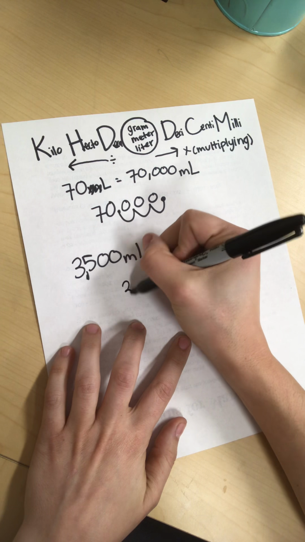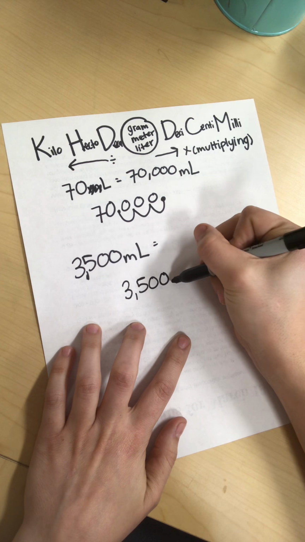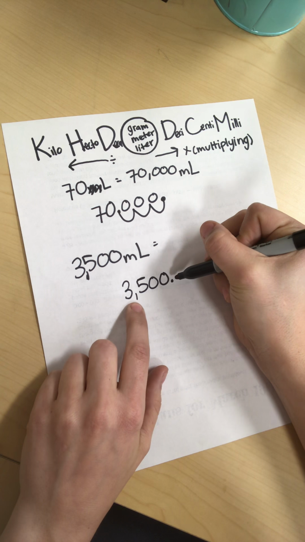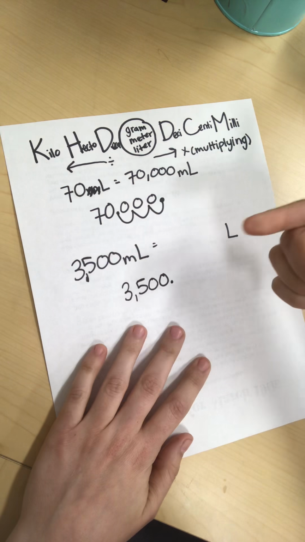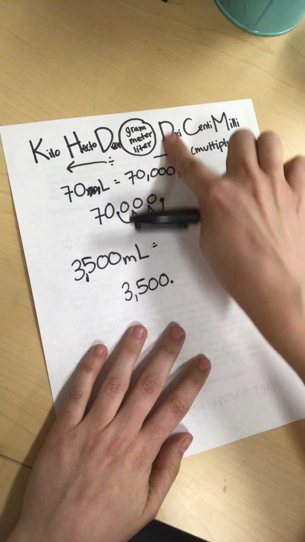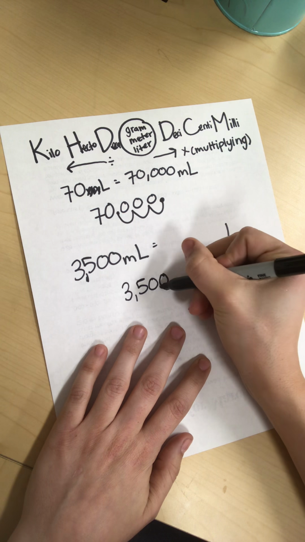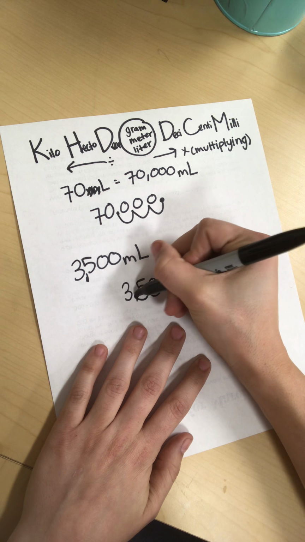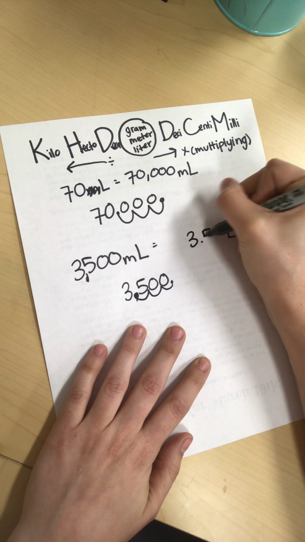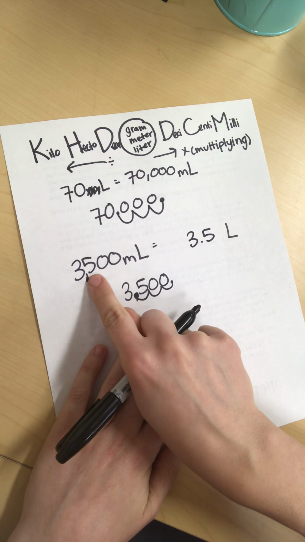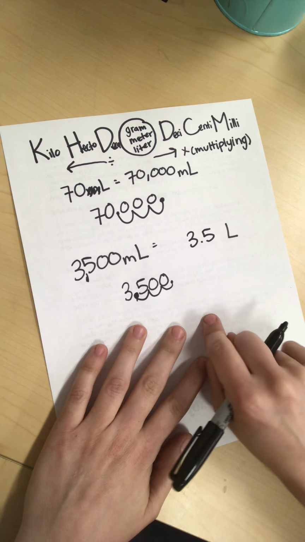So I'm going to write the number below, and I can see there's no decimal, which means it's actually right here. Don't confuse the comma with a decimal. That's a comma. Now I'm going to move it 3 times that direction because my finger moved that direction as I was going from milliliter to liter. So 1, 2, 3. That becomes my new decimal. So it equals 3.5 liters. 3,500 milliliters is equal to 3.5 liters.